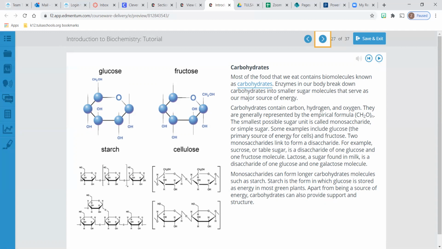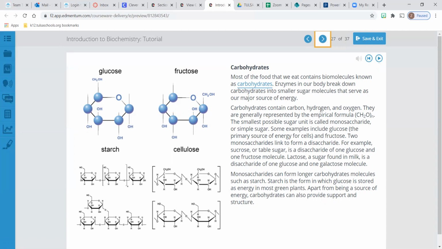Enzymes within our body break down carbs into smaller sugar molecules that serve as major energy sources for us. So carbs, starches, we have enzymes that bust them down into little sugary molecules, and then our body uses that as energy to stay alive.